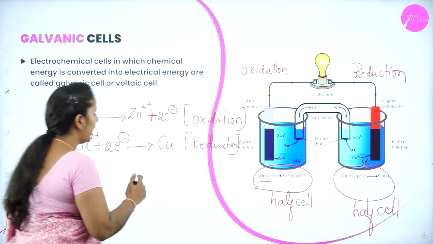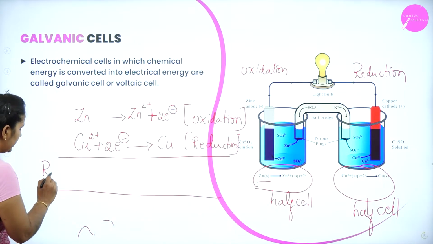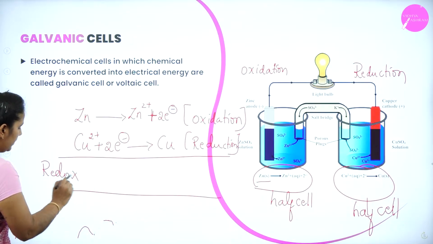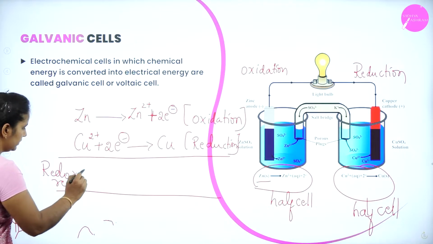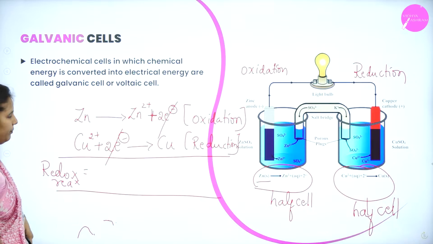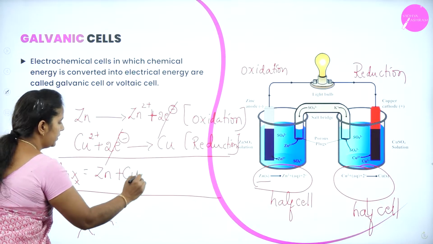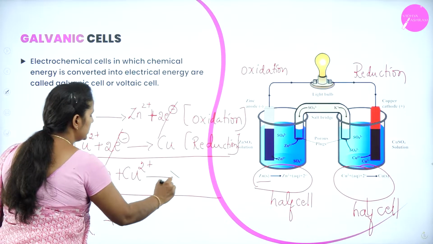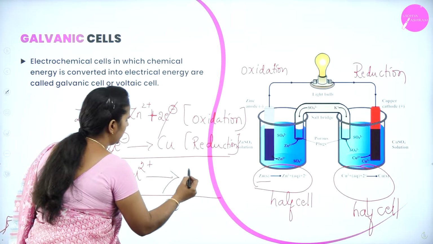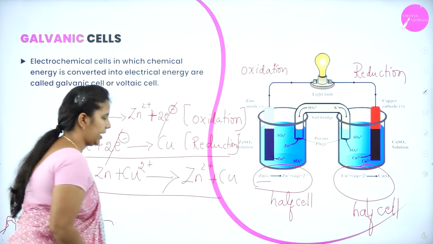So I can write the overall cell equation as a redox reaction, where you can cancel the 2 electrons, where the zinc reacts with the copper because it loses its electrons and becomes Zn2+, and copper gets reduced.